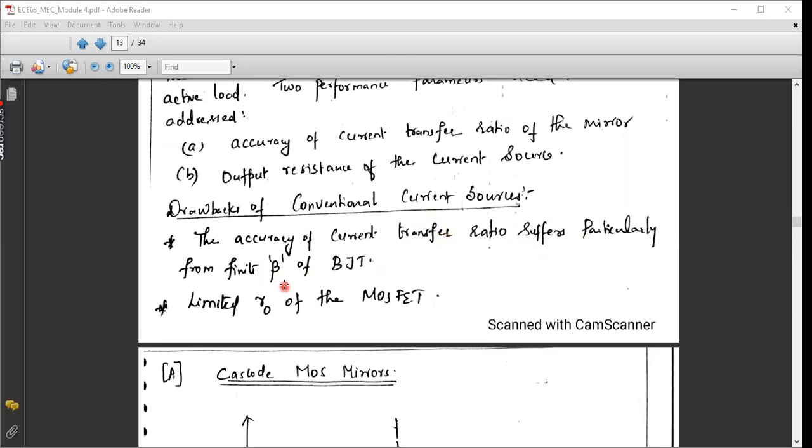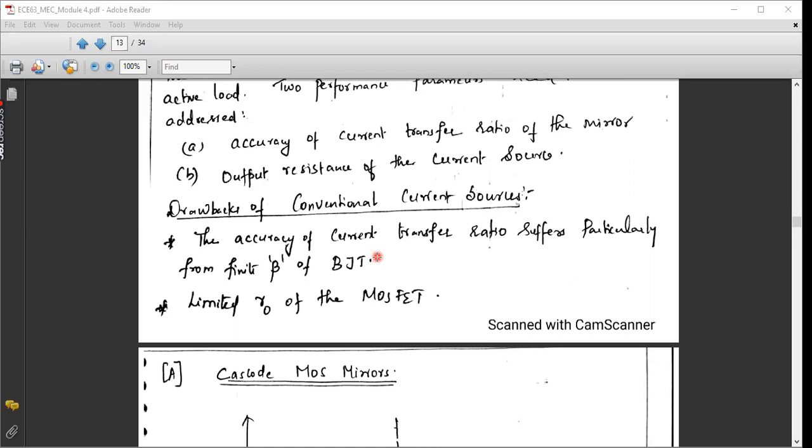Conventional current sources make use of bipolar junction transistors, the ordinary transistors, instead of MOSFETs. Because of their finite beta effects, the current transfer ratio will not be 1:1.